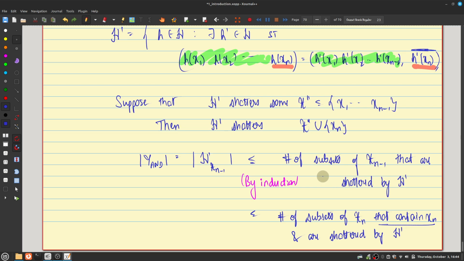Because if any subset of Xn minus 1 is shattered by H prime, then if I add this last element to this Xn minus 1, then it is also shattered by H prime. Correct?